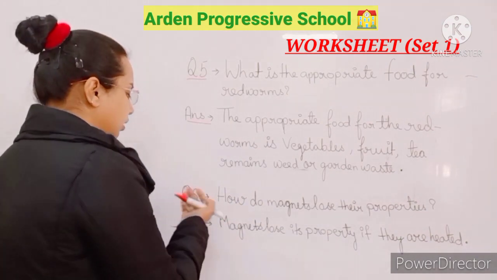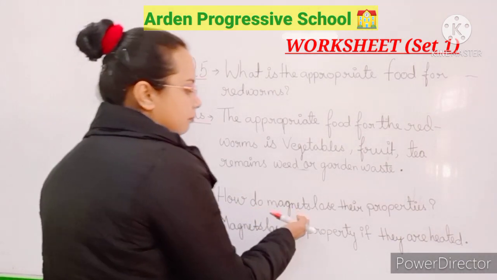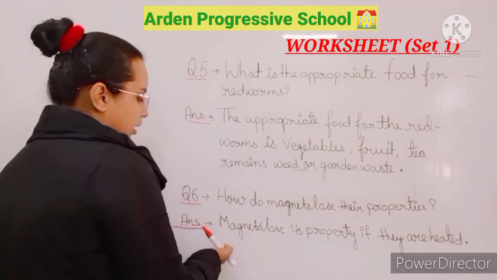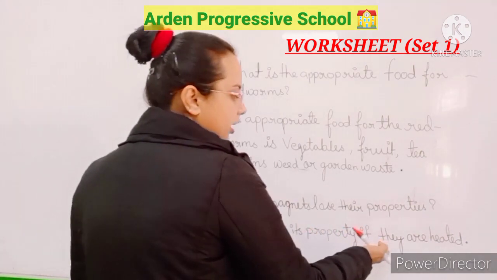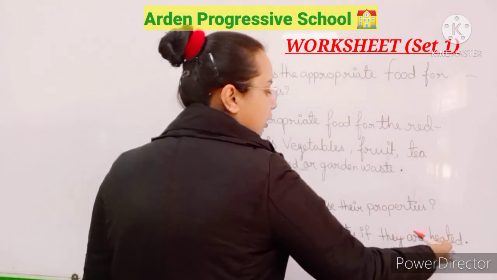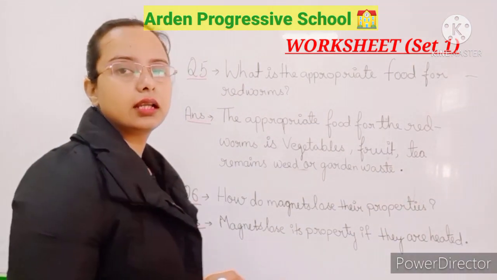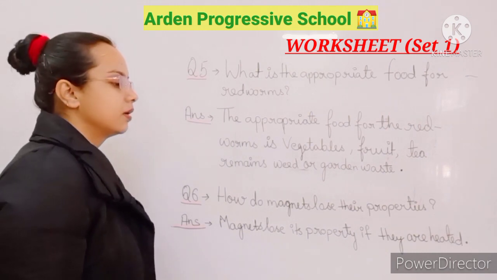Now your next question is question number 6. How do magnets lose their properties? The answer is, the magnet loses its properties if it is heated. When the magnet is heated, it becomes weak, and as a result it loses its property.